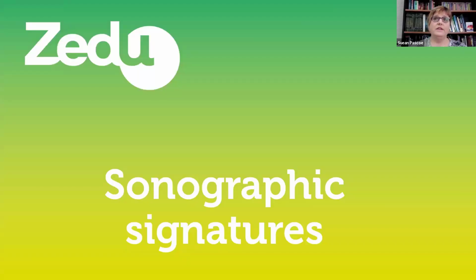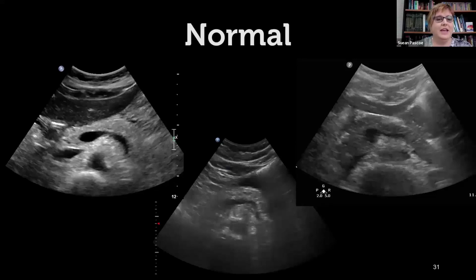So what are some of the sonographic signatures or appearances of pathologies and normal pancreas? The normal pancreas, as I said, has a wide variety of normal appearances. The echo texture can be quite variable insofar as it can be quite hypoechoic, it can be a little bit mottled and indistinct on your larger patients.